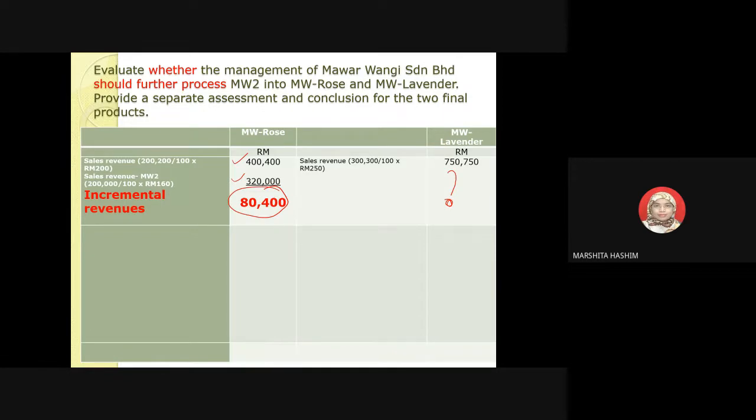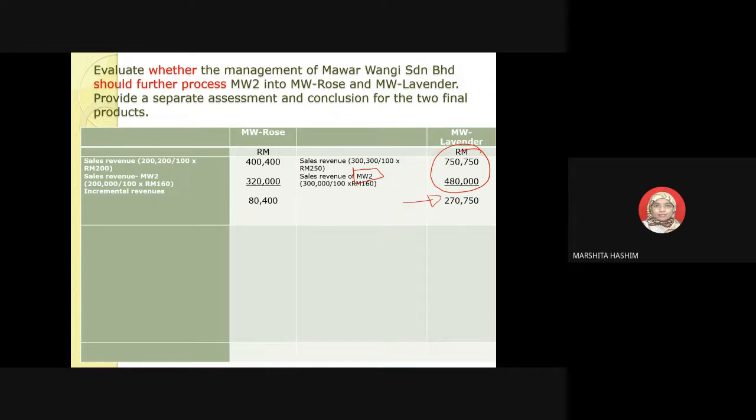How much is incremental revenue for MW Lavender? 480,000. 400 is sales revenue for MW Rose. Incremental revenue is the difference between these two. Okay. 480,000 is actually sales revenue for MW2. So incremental revenue refers to this one.